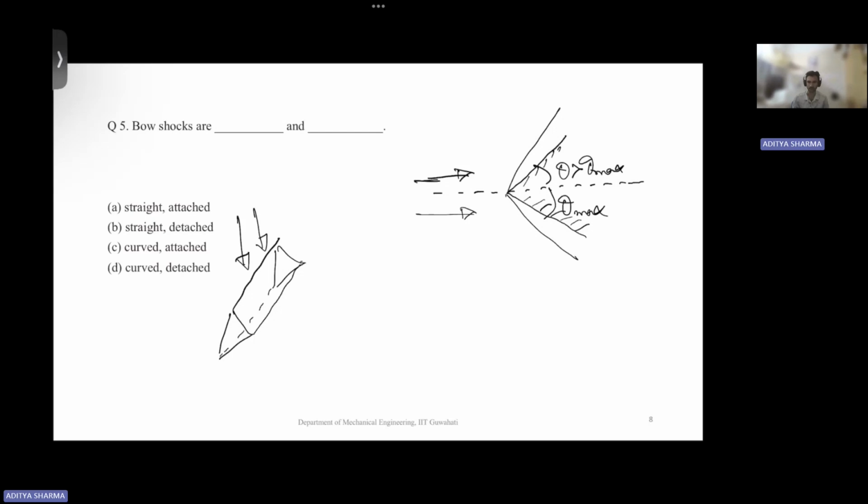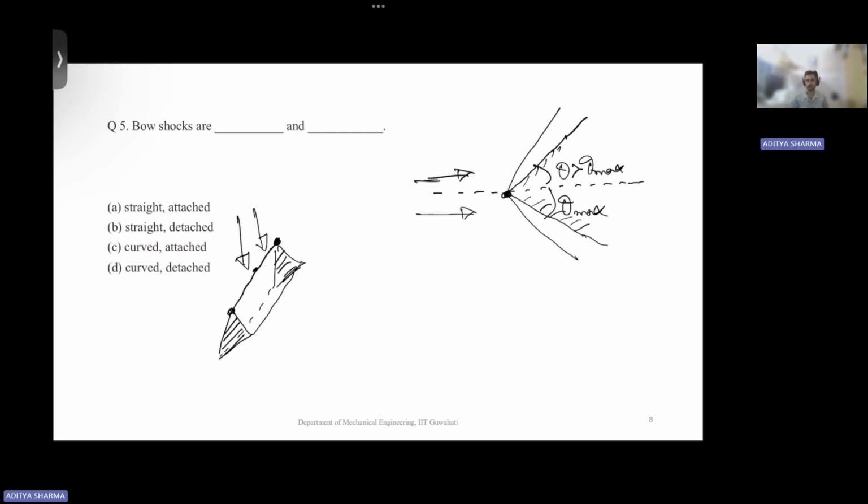Okay, so this basically is your wedge. And we are just showing this cross section, this cross section we are showing here. Okay. So this front basically, this front is this point. Right.